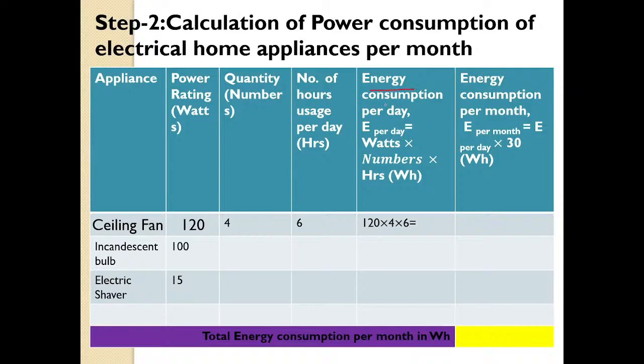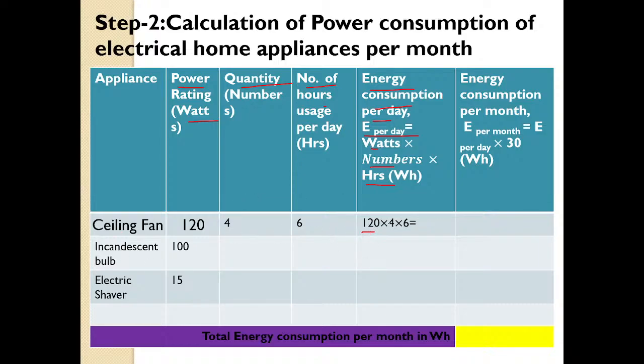So now energy consumption per day. I have given some notation. E per day will be equal to power rating into quantity into number of hours of usage per day. Watts into quantity into the number of hours they have been operated. The wattage rating for the ceiling fan is 120.